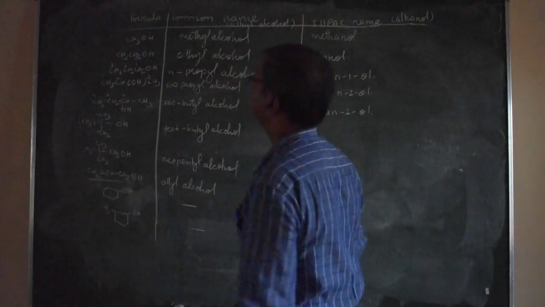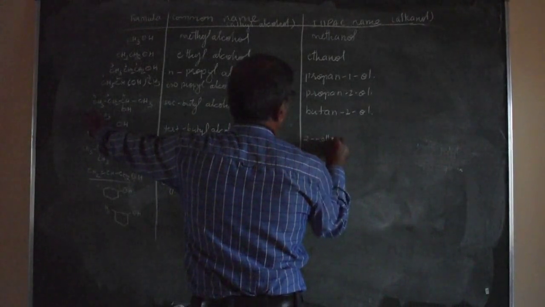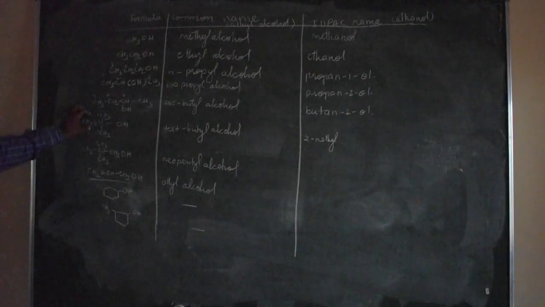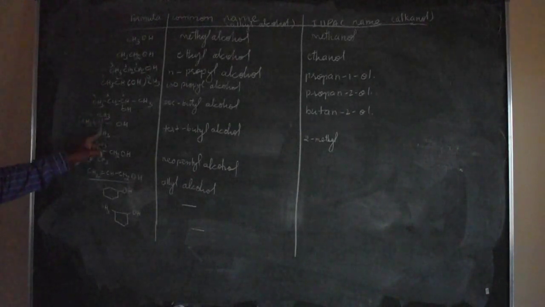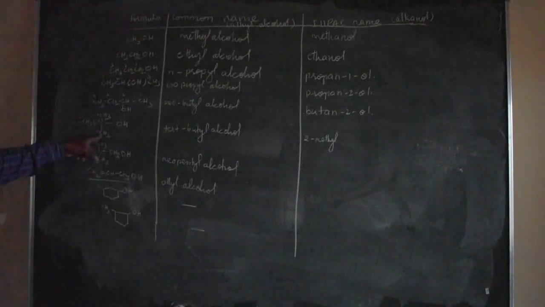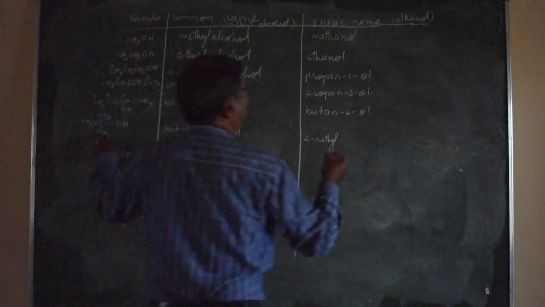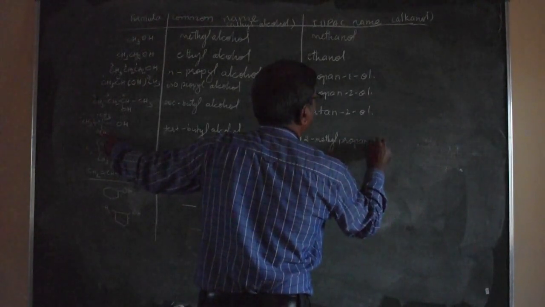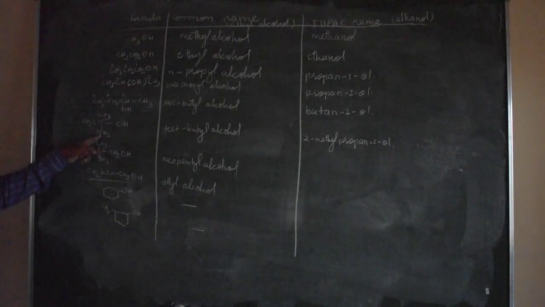The prefix is CH3, called methyl, one hydrogen less compared to methane. 2-methyl: on the second carbon, methyl. The long chain has 3 carbons, so it is a propanol, with OH again on the second carbon. So it is 2-methylpropan-2-ol.